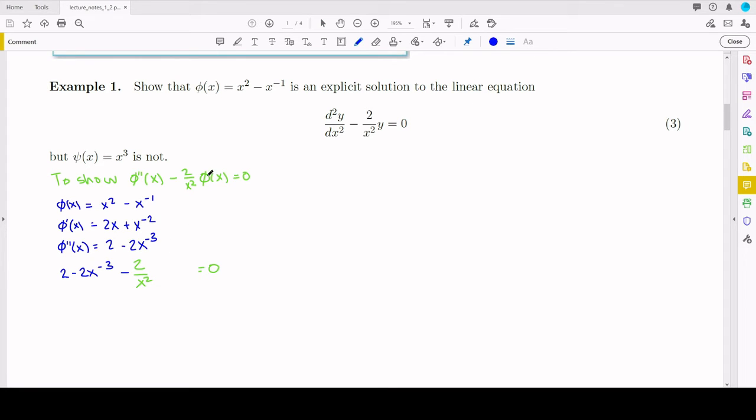So here we're plugging in phi of x, right? So that's x squared minus x to the power negative 1.